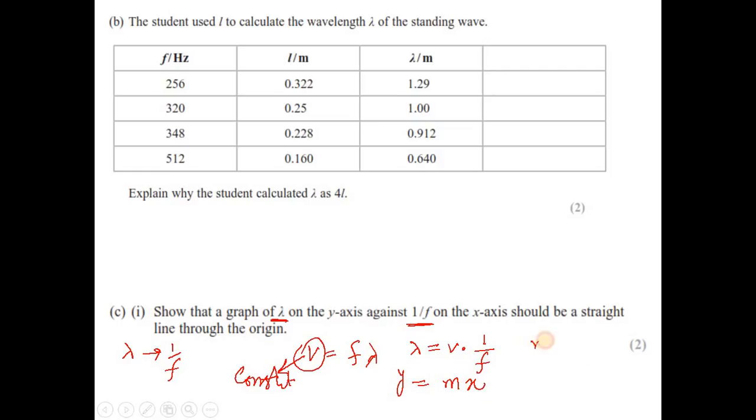So you say that m is v, and this is the equation of a straight line passing through origin. That's why the graph of lambda and 1 upon f is a straight line. So you can think of lambda on the y-axis, 1 upon f on the x-axis. So you must have a straight line passing through origin.